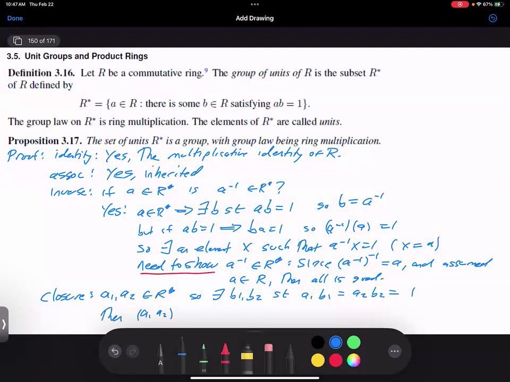B2, B1. That's actually a very nice way of writing it, because if I start doing associativity, this is A1 A2 B2 B1. And what's A2 B2? 1. So it's A1 times B1, which is just 1.